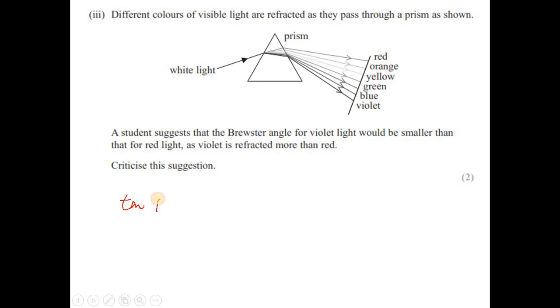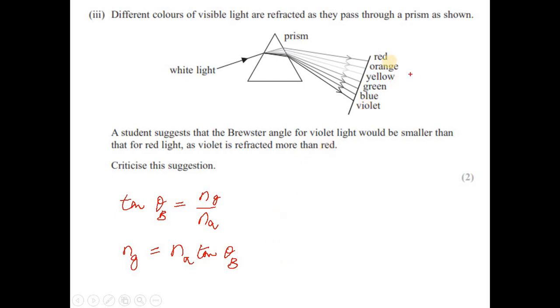If you see what is happening here, you are given the relation tangent theta b is equal to Ng over Na. If you rearrange for Ng, Ng would be equal to Na tangent theta b.